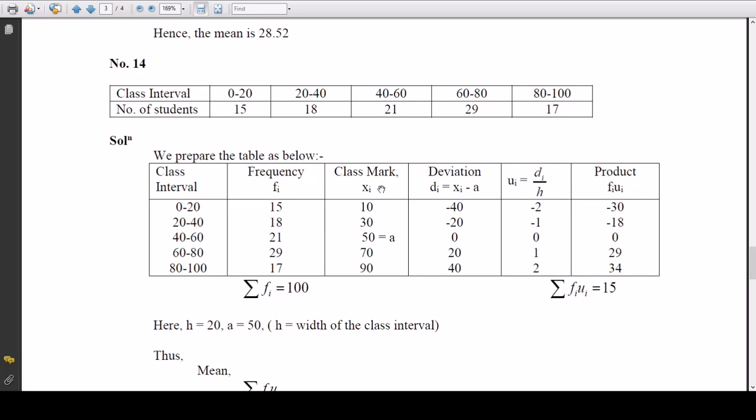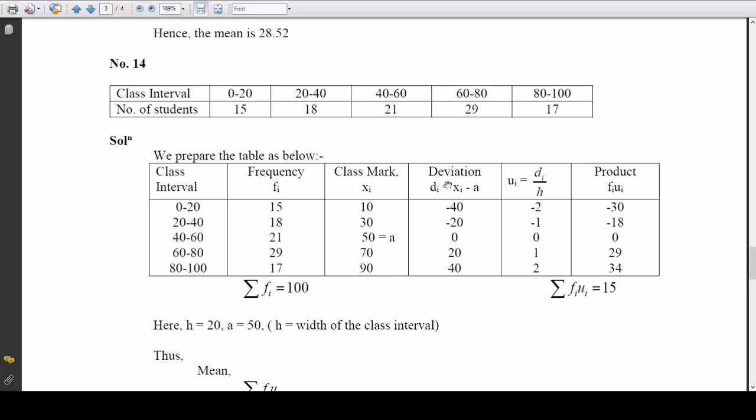Class mark, again we have to find out by adding the lower limit plus upper limit divided by 2. 0 plus 20 divided by 2 is 10. Same thing, 20 to 40 mid value is 30. 40 to 60 is 50. 60 to 80 is 70. 80 to 100 it is 90.